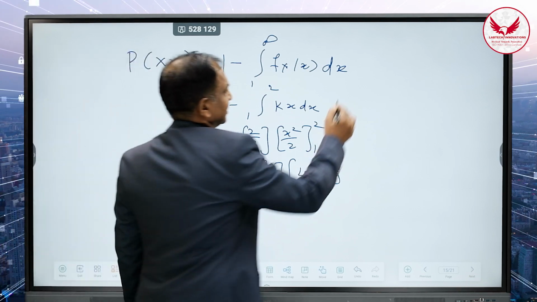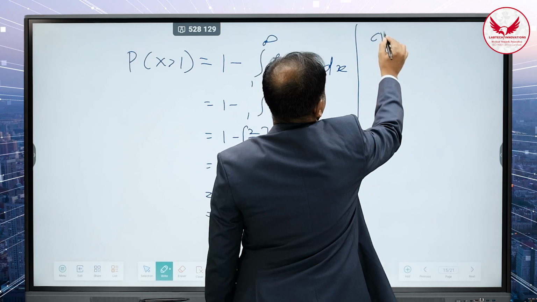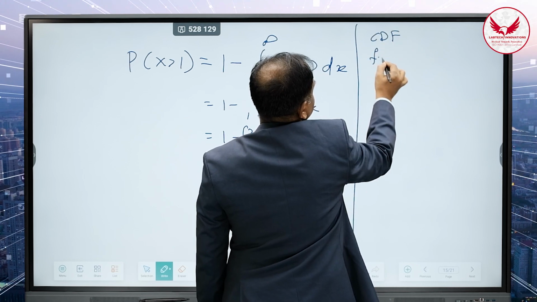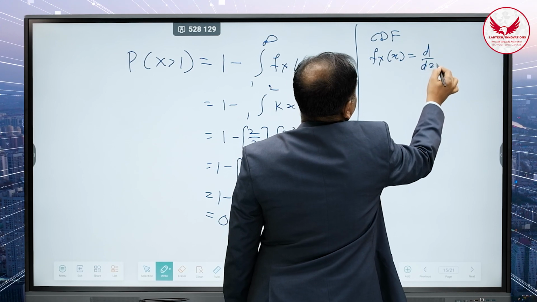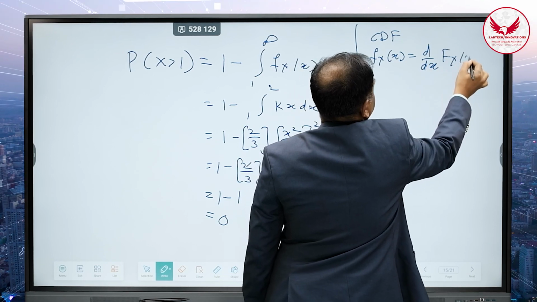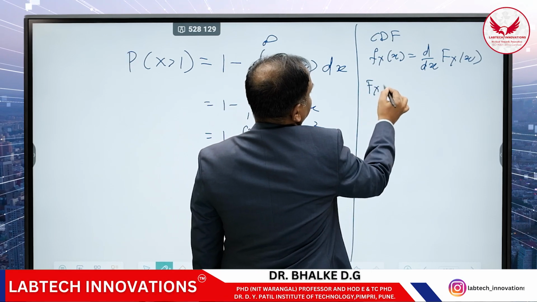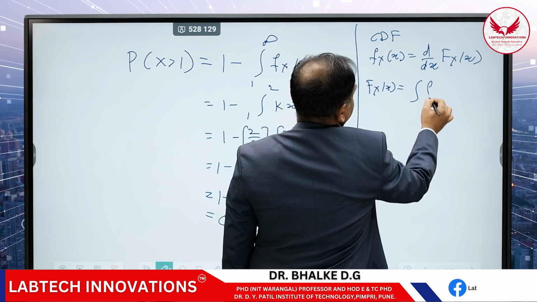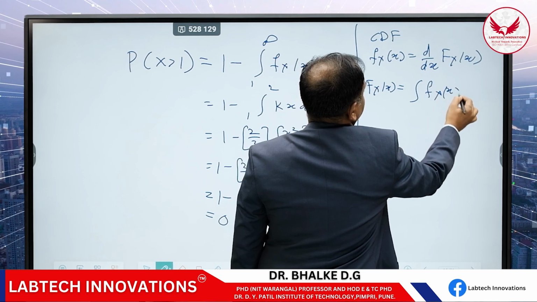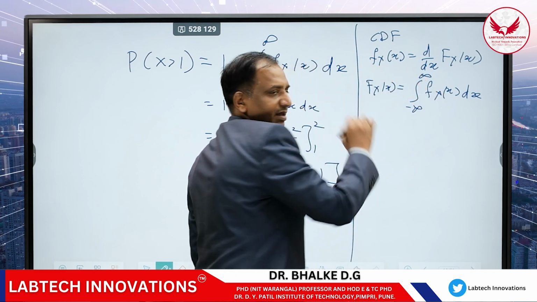Next, they have asked us to find out the CDF. We know the relationship between the PDF and the CDF is d by dx of Fx(x) equals fx(x). Therefore the CDF Fx(x) is equal to the integration of fx(x) dx from minus infinity to infinity.